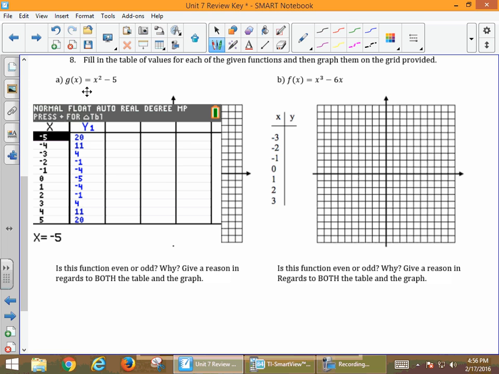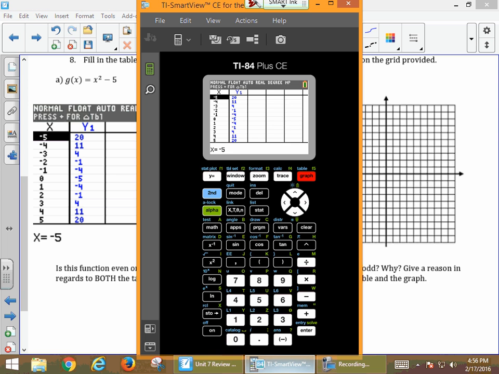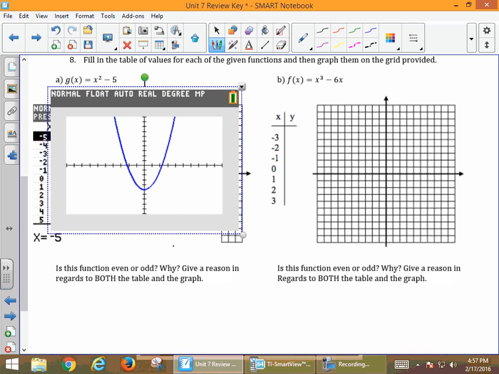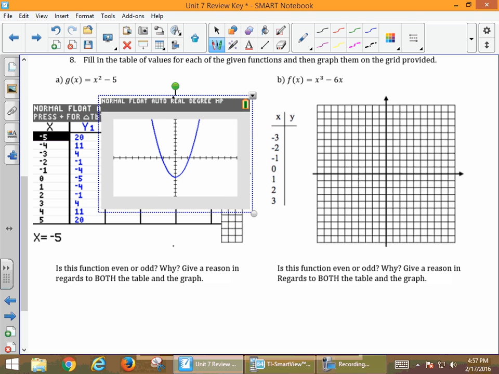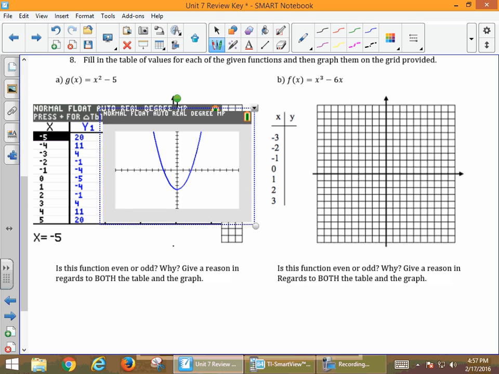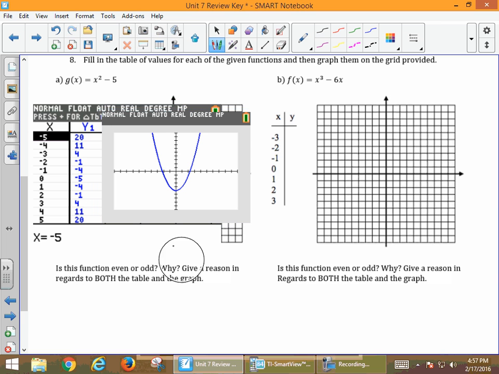Kind of repeats itself. And also I'm going to take a look at the graph of this. Let me do a zoom 6, give it a standard window, and there's a good picture of it as well. That's kind of what the picture would look like.